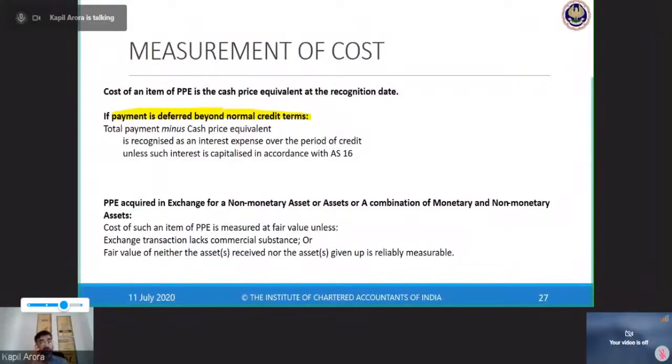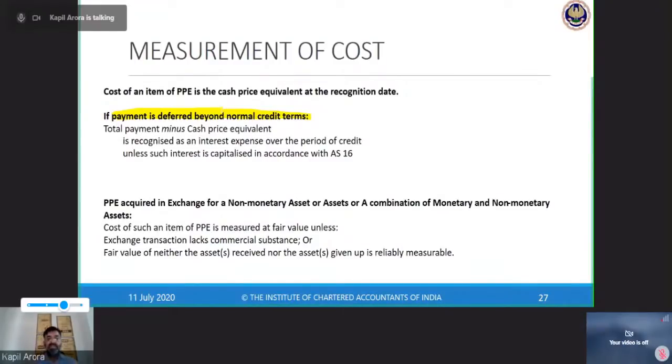All these concepts are new concepts which you might not have seen, so you should always remember these points. These were not there earlier. These got revised with the revision in AS 10.